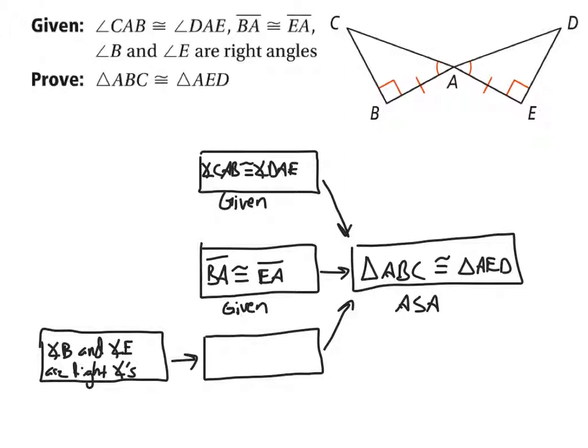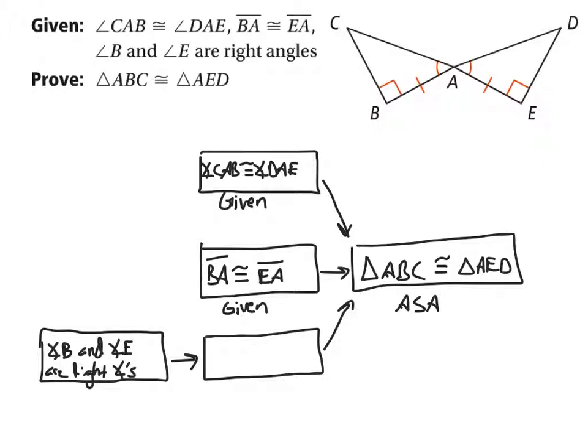Okay, but there is a theorem that we used way back in Unit 1. We talked about it. It's actually Chapter 2, I believe. We named it. I can't think off the top of my head what the theorem number is. I want to say it's Theorem 2-3-ish in that area. But anyways, we named the theorem saying that if we know that angles are right angles, that tells us those angles must be congruent.